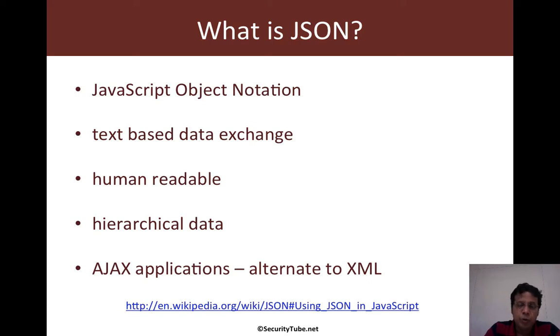On the web you would find a lot of Ajax based applications using JSON instead of XML, as JSON is much more lightweight and very easy to process within JavaScript. For more information on the type of variables and everything which you can use, visit the Wikipedia page given below.